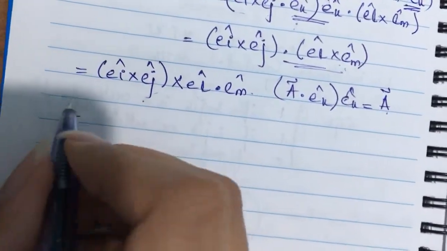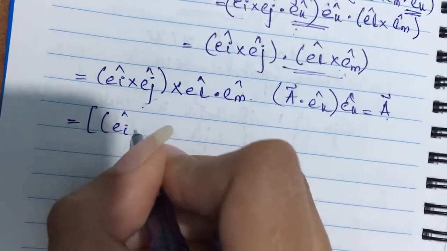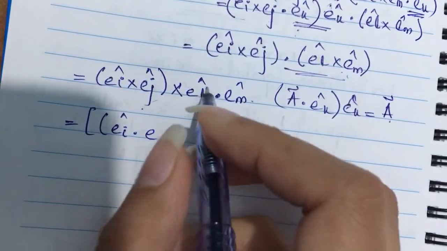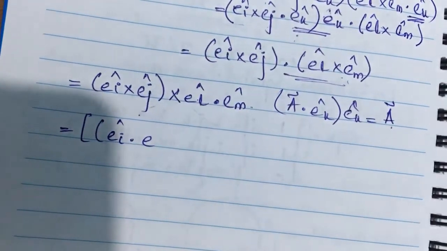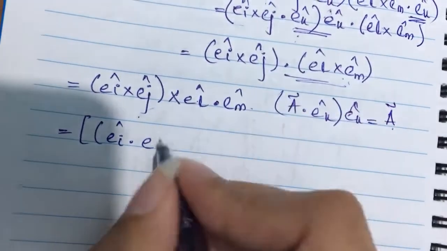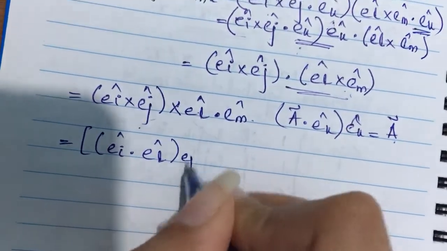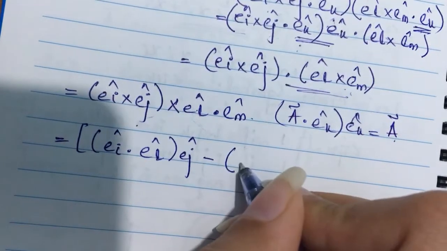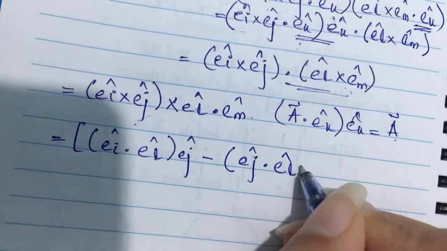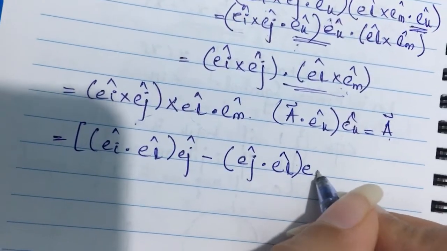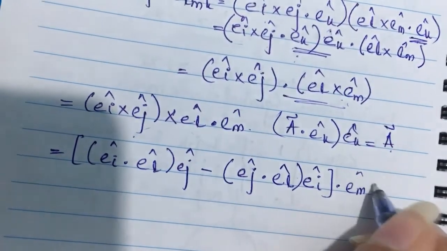So this result is equal to e_i dot e_l, you can say that e_l is multiplying with all these terms, and e_j minus e_j dot e_l, we have into e_i here, and that is into e_m.